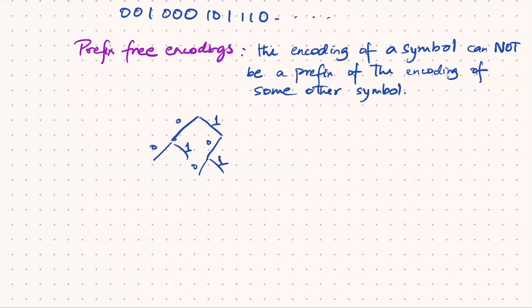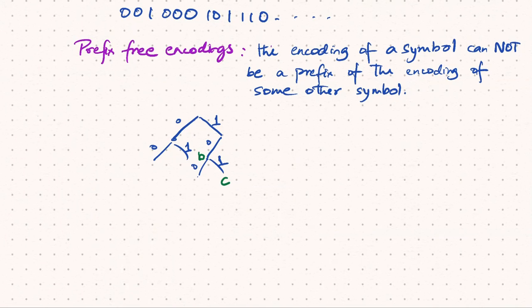When we came down 1 0, this represented our symbol B, and 1 0 1 represented our symbol C. And this was problematic, right?